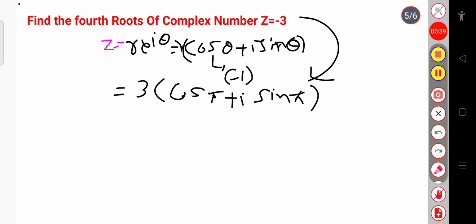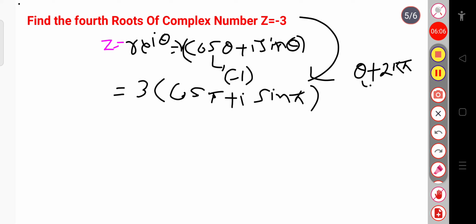Now here I have to calculate the fourth roots of the complex number. So in place of pi I can write pi plus 2k pi, because I know after 2 pi rotation the value remains the same. In place of theta, that is the argument, I can write theta plus 2k pi; this is your general argument and this capital Theta is your principal argument.